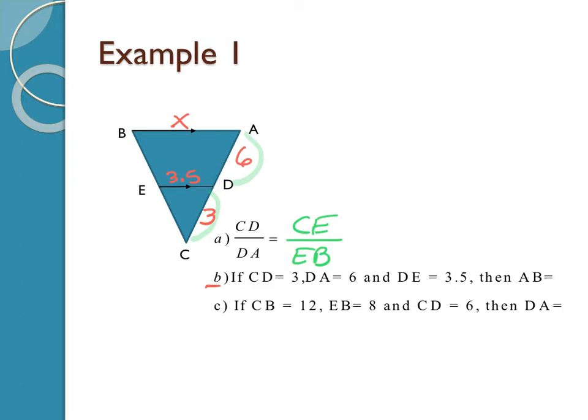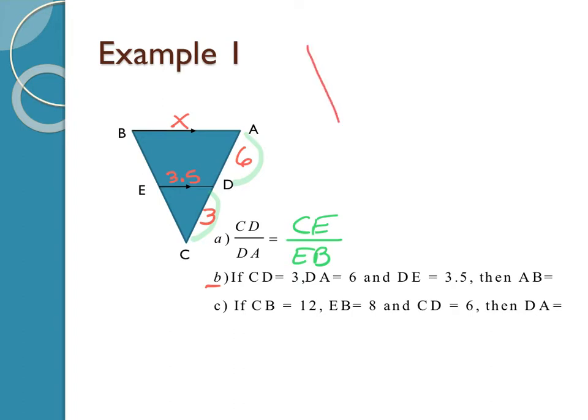Now, if you recall, that triangle proportionality theorem only divides the sides proportionally. So for this problem, I need to pull my triangles apart, and then I need to match the corresponding sides.